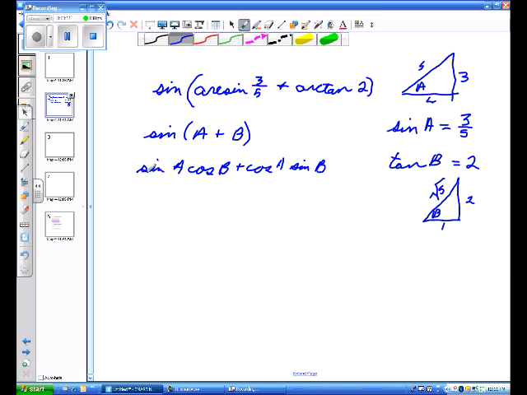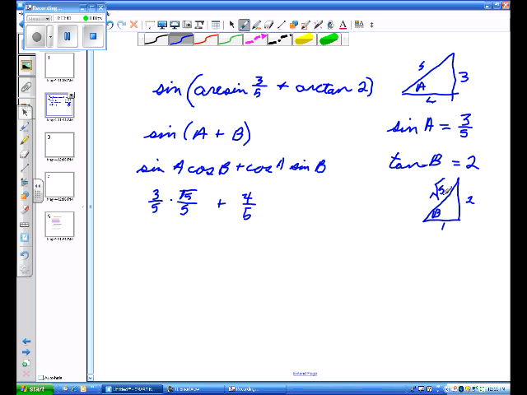So now we can find out, well, the sine of A would be 3/5. The cosine of B would be 1 over the square root of 5, or I'm going to go ahead and rationalize that, and that would be the square root of 5 over 5. Plus the cosine of A is 4/5.